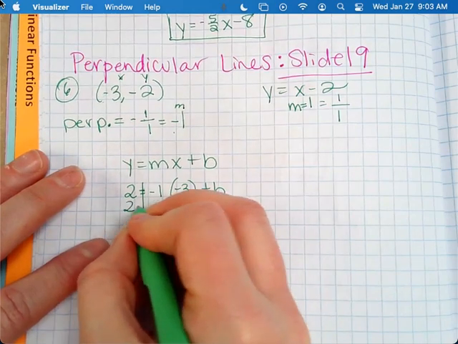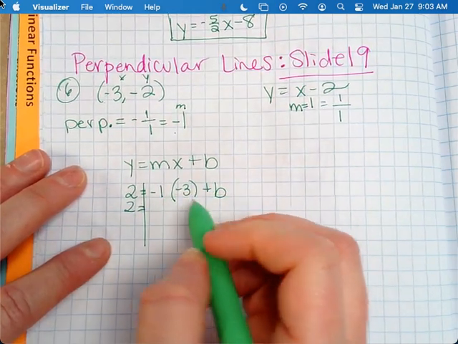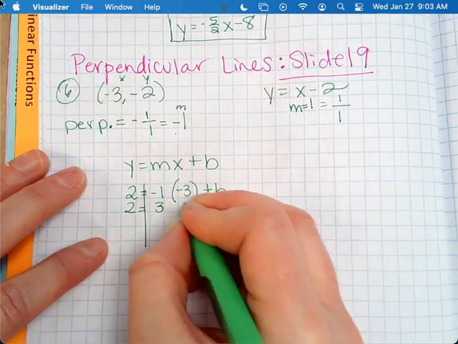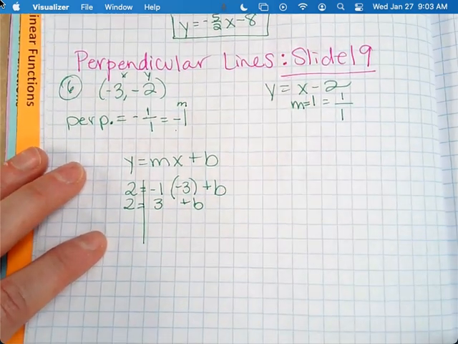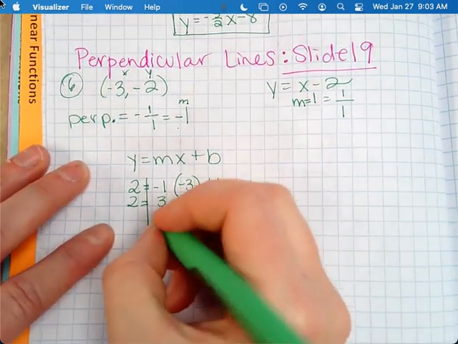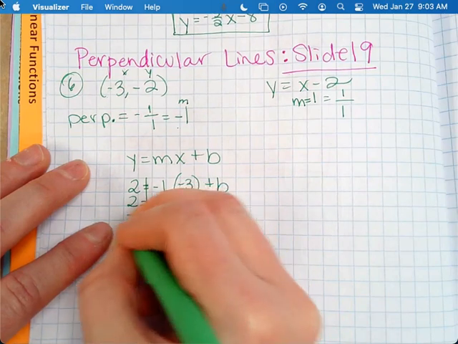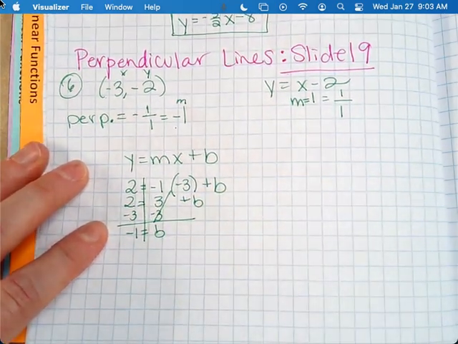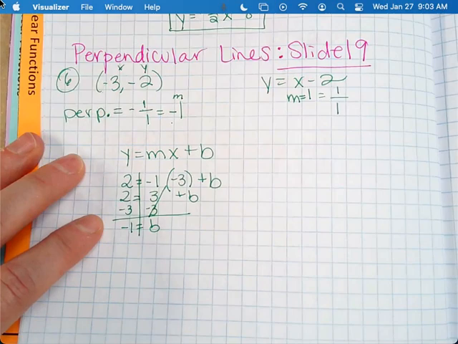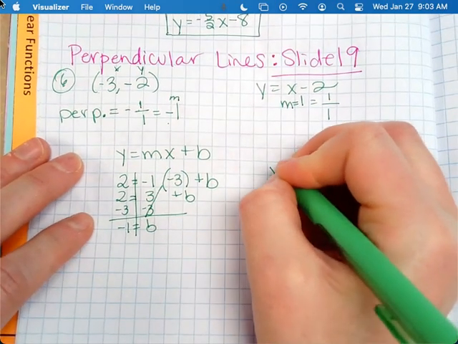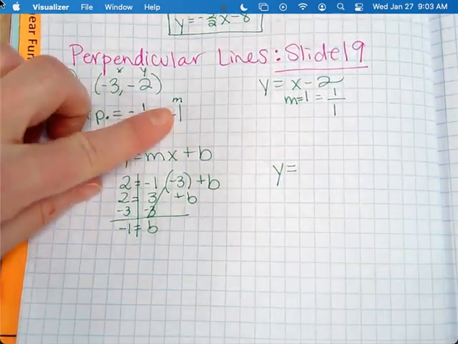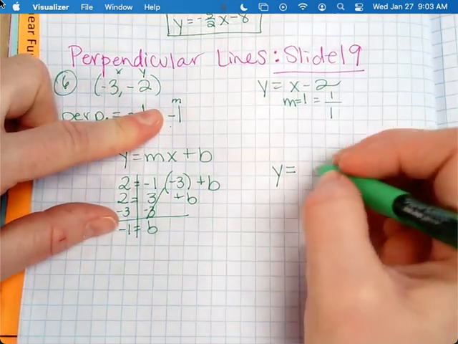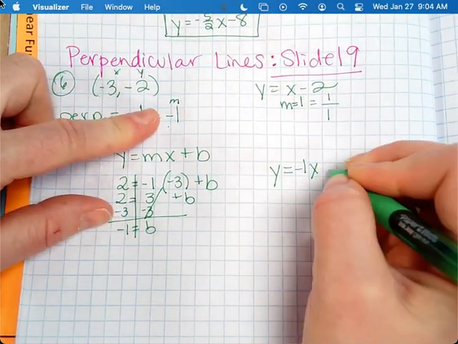So we get -2 equals -1 times -3. Positive 3. Plus b. Subtract the 3. -5 equals b. So then the equation is y equals, our slope is -1 and our b is -5. So -1x minus 5.